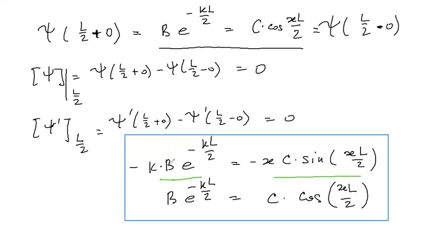Can you see that coefficient B will cancel out? This exponent will cancel out. On the right side, the coefficient C will cancel out. Sine over cos, unfortunately, doesn't cancel. It's going to be tangent. Okay, so I have to write it, because this would be my equation for energy.